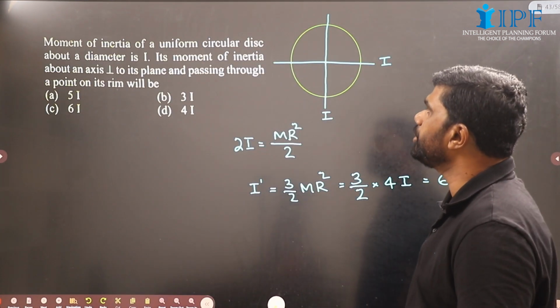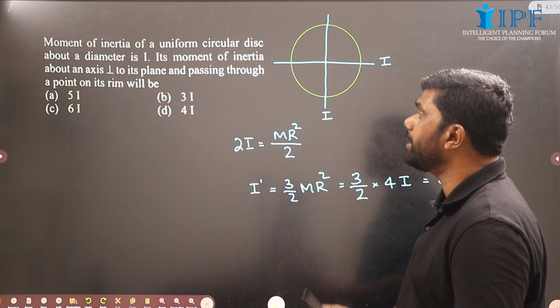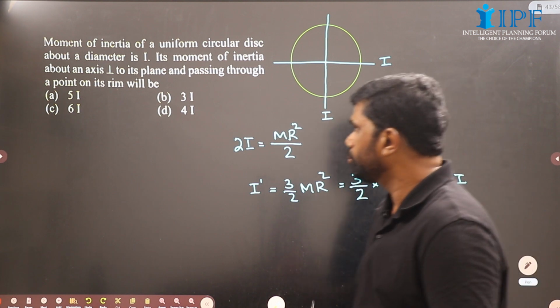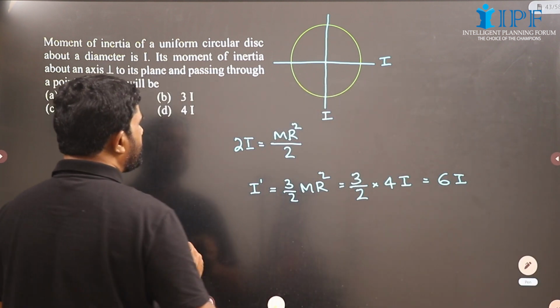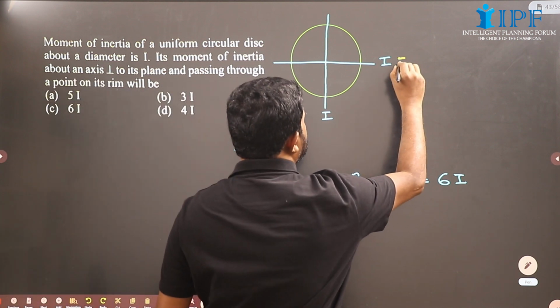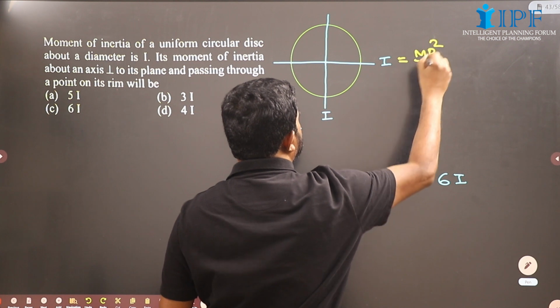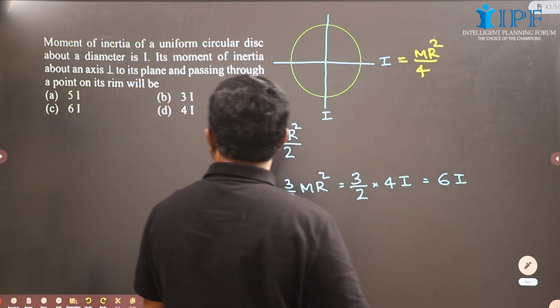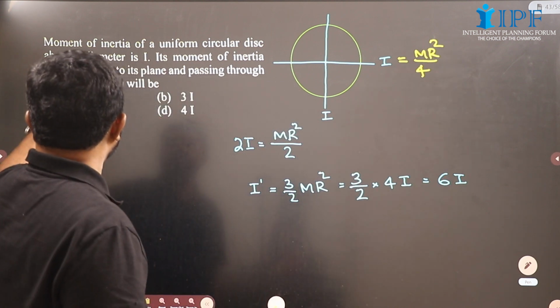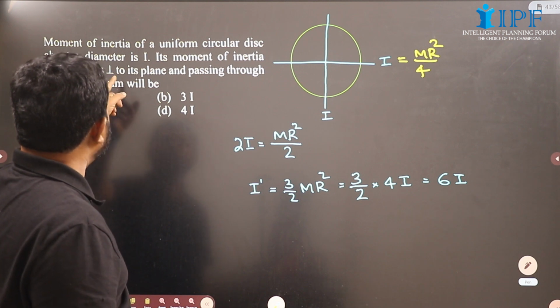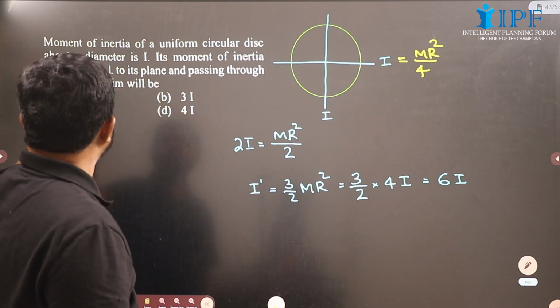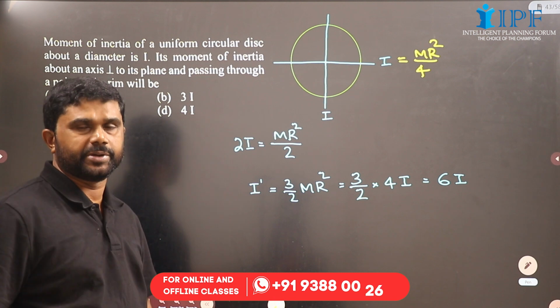The moment of inertia of a uniform circular disk about a diameter is capital I. Okay, so about a diameter is capital I means this I will be equal to mr square by 4. Its moment of inertia about an axis perpendicular to its plane and passing through a point on its rim will be?